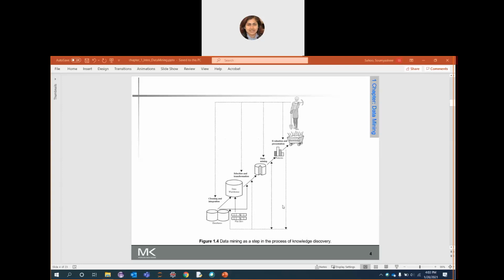So the data cleaning, then data integration, then data selection, then data transformation, then comes the data mining. And while data mining, you do the 6th step, that is pattern evaluation, then the knowledge representation or presentation. So see, every step is not just straightforward. There are various types of models, algorithms, methods available for each of the steps.